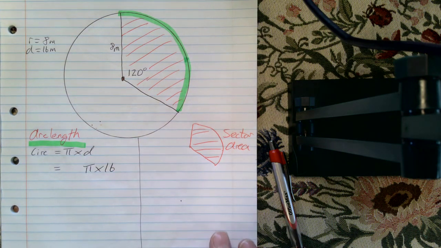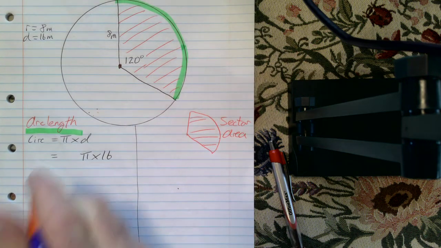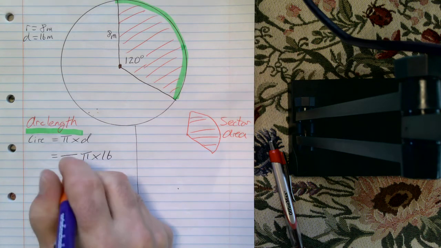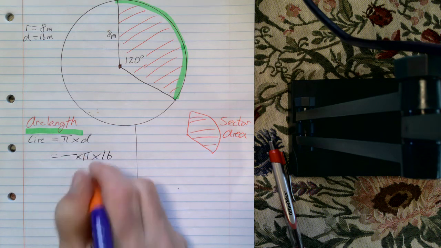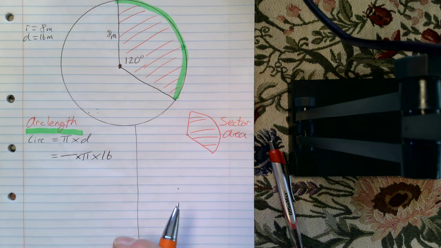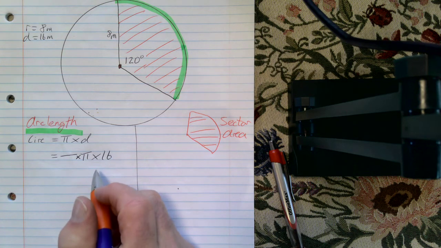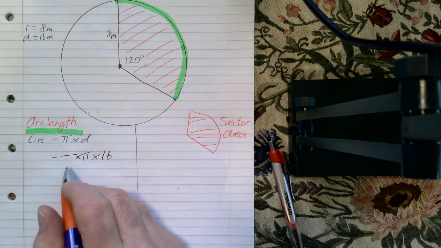So I do that, and what I do as well is I establish a fraction, because I don't want the whole thing. If I go pi times 16, I'll get a number that's too big. At the moment it would be 50 meters, 50.3.